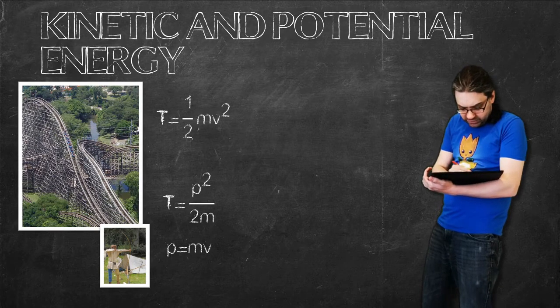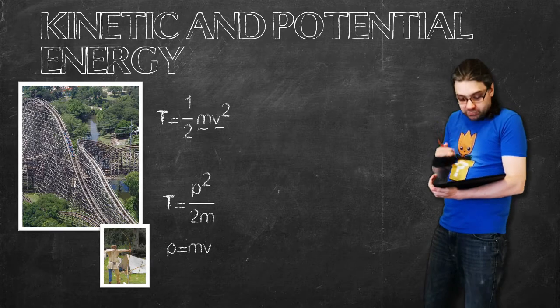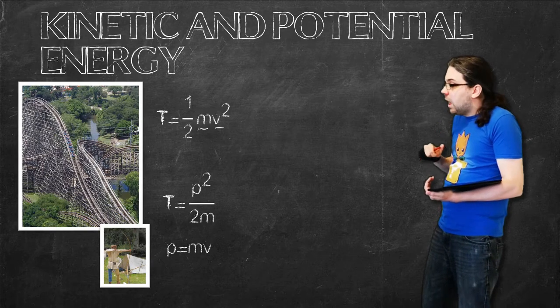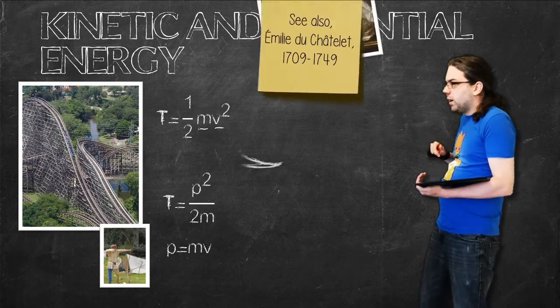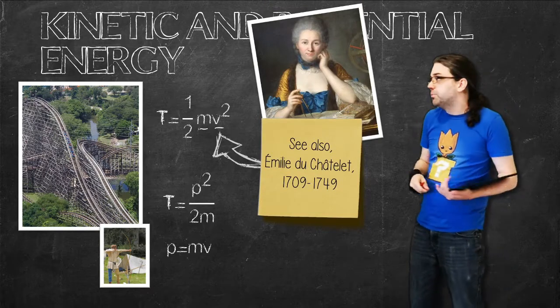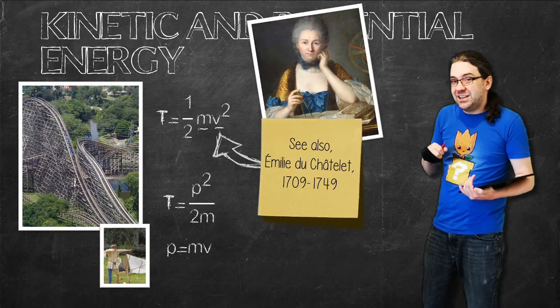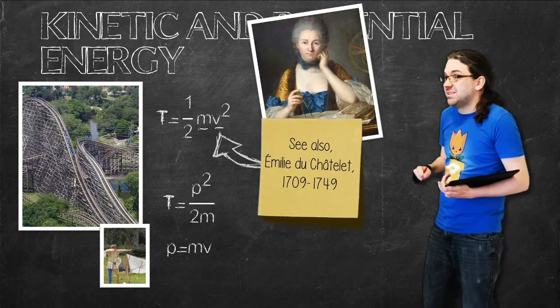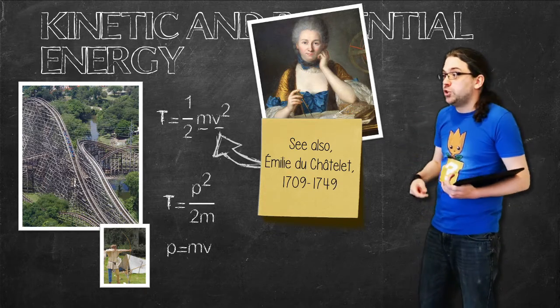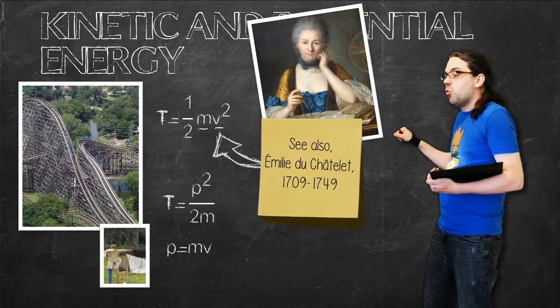So kinetic energy is equal to half times the mass times the velocity squared. That's related to momentum as well. If you're curious about why it's mv squared, do look up, say, Emilie du Châtelet. She did a translation of Newton's Principia Mathematica and added her own notes and commentary, which got us thinking more in terms of energy.